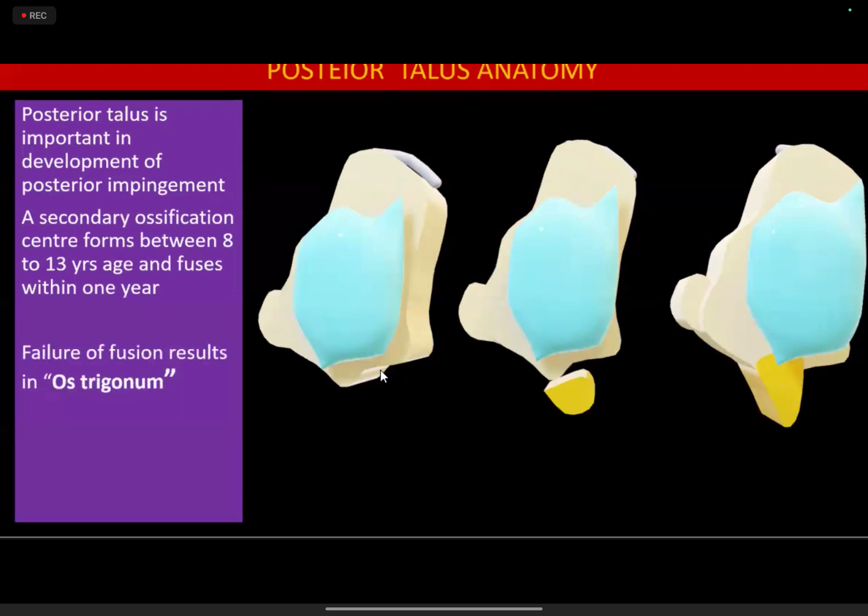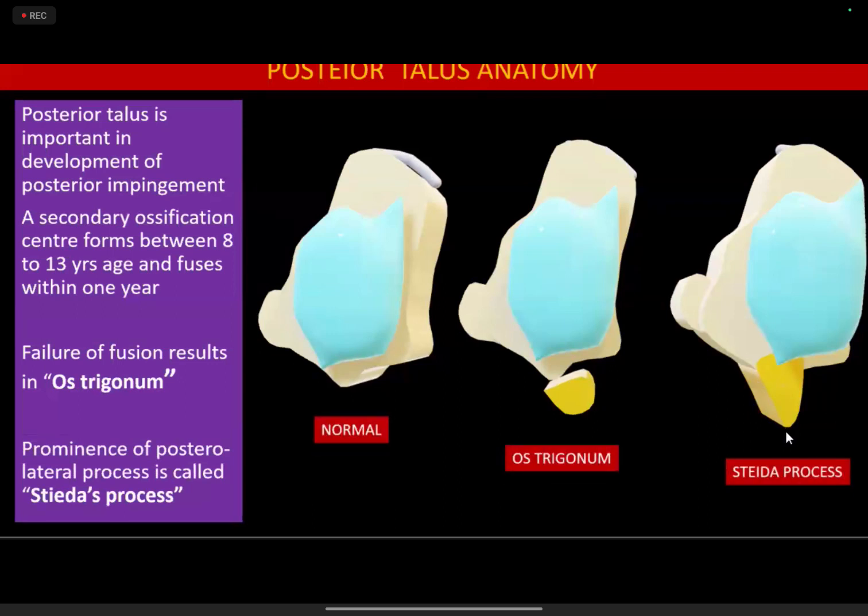If there is failure of fusion, this is os trigonum. If there is prominence of the posterior lateral process, it is called a Stieda process. So such osseous structures which are present there can cause posterior impingement.